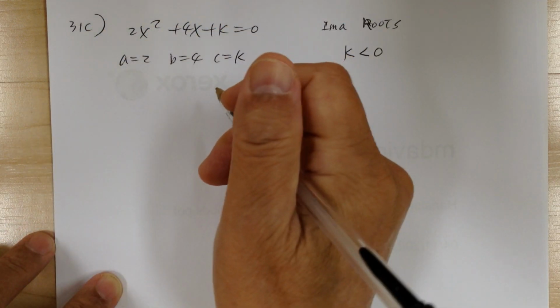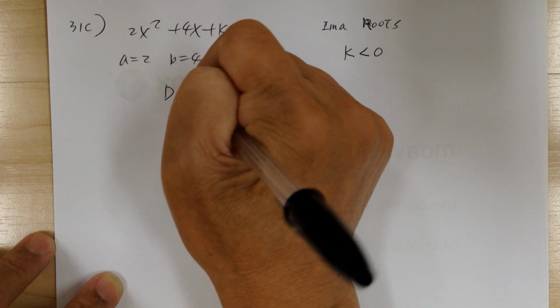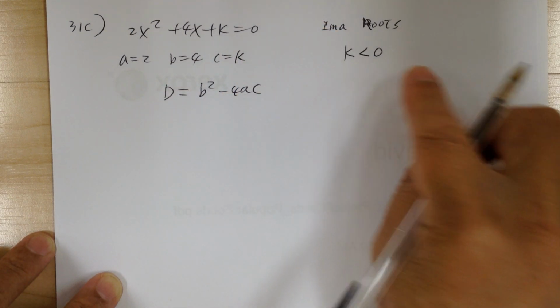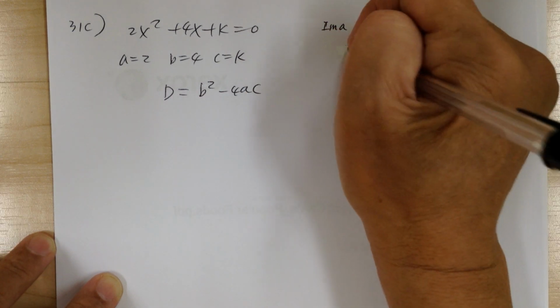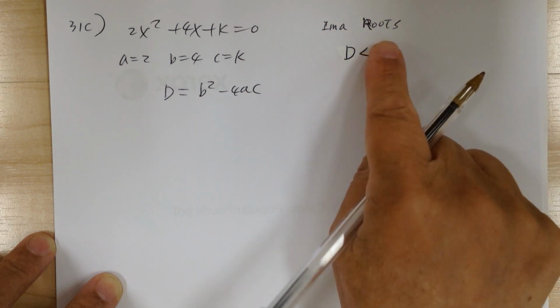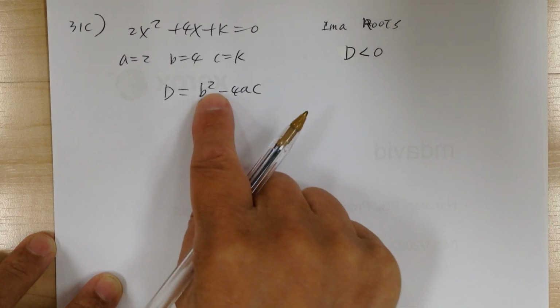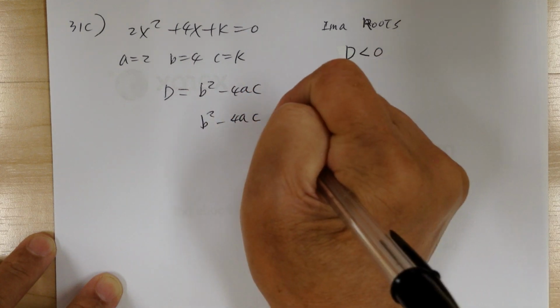So just doing the same thing. So in this case, remember d equal to b squared minus 4ac, right? And d, not k. Okay. So it's d. Okay, so imaginary roots, that means d has to be less than 0. Okay, so d is less than 0, that means this has to be less than 0. So b squared minus 4ac has to be less than 0.